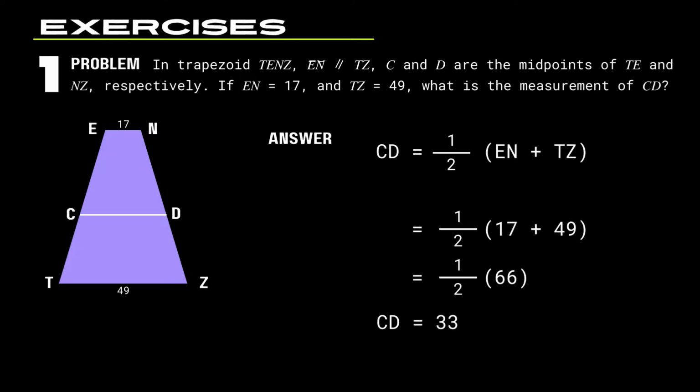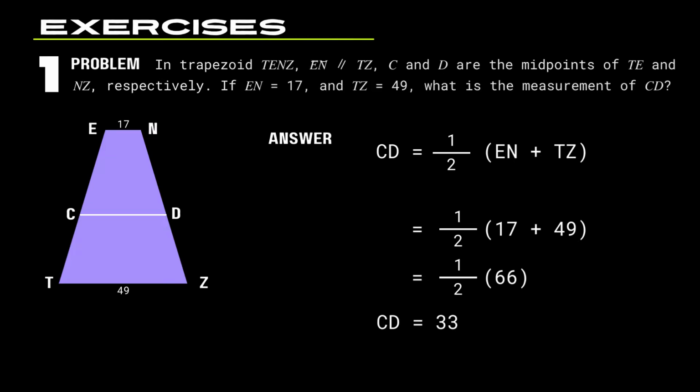Then we substitute our given values. We will now have CD is equal to 1 half times 17 plus 49. And multiplying 1 half by the sum of 17 and 49, which is 66, will give us the measurement of CD that is equal to 33.